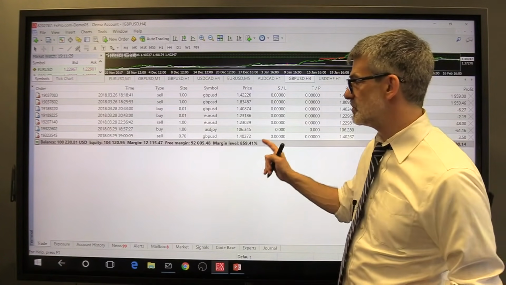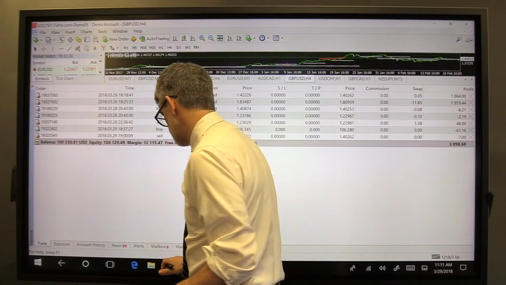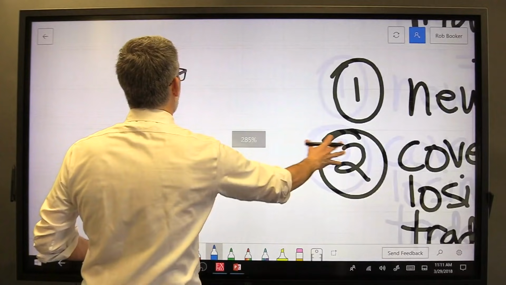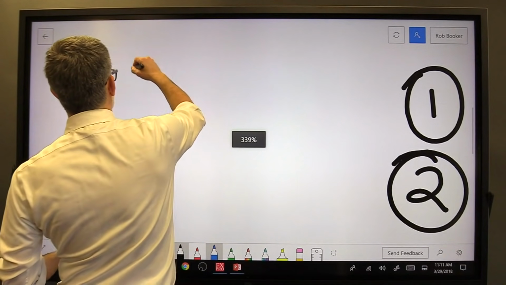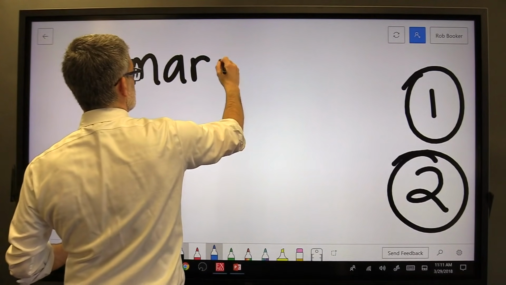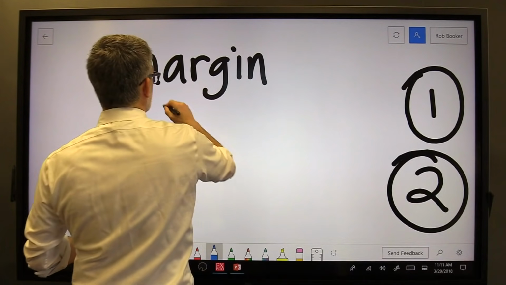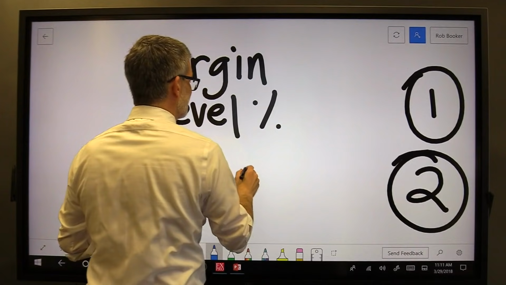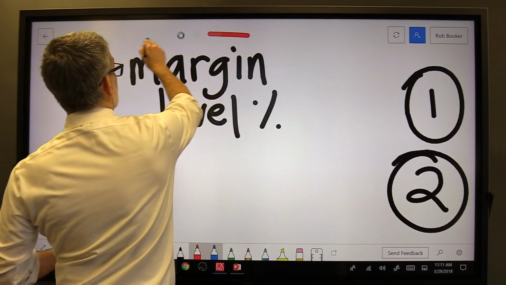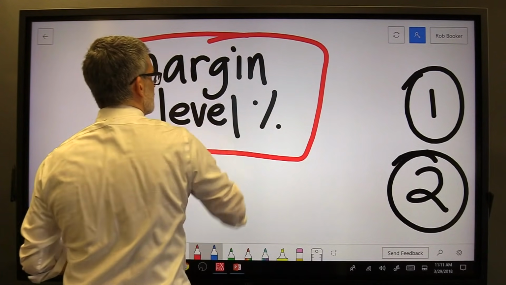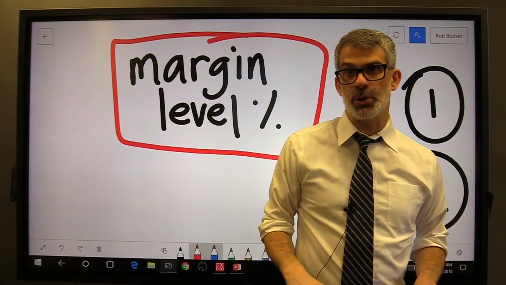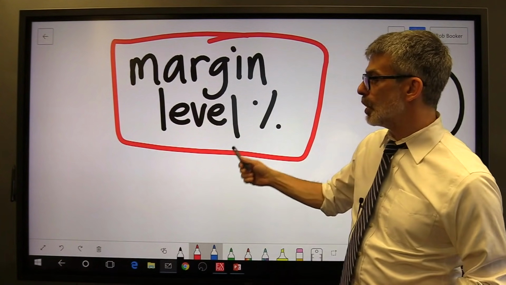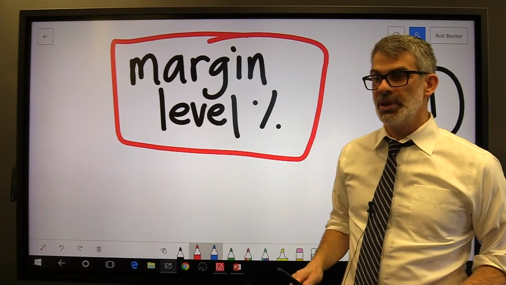There's a final number inside of MetaTrader that we want to focus on before we wrap things up. And that final number is called your margin level, and it's expressed as a percent. Of all of the numbers that we've talked about today, and most of you are going to use MetaTrader, this is the most important number.